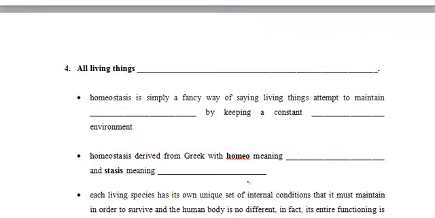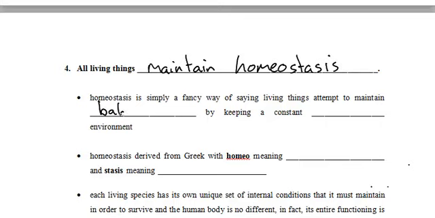All living things also maintain homeostasis. Now that's probably a big new word for most of you. But it's actually quite simple to understand. Homeostasis is simply a fancy way of saying living things attempt to maintain balance. We don't mean as in standing up, because bacteria really don't work on that type of balance, but we mean by keeping a constant internal environment.